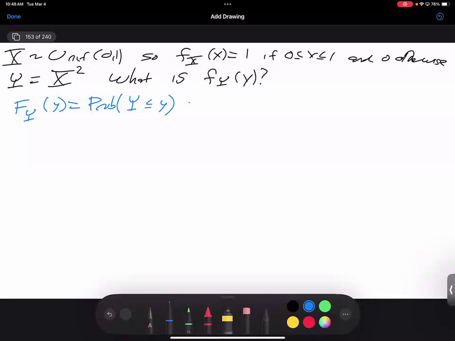This is going to be the same as the probability that X squared is less than or equal to y. So what does it mean for X squared to be less than or equal to y?